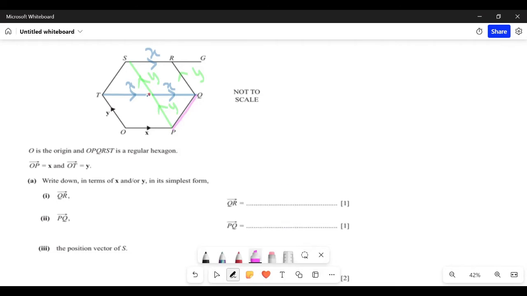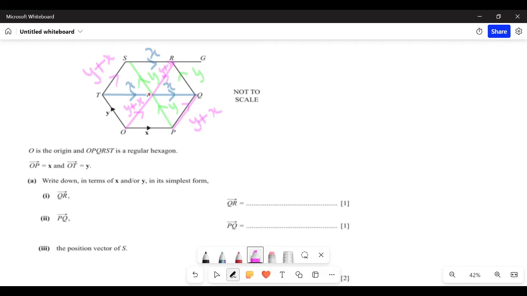This would be Y plus X. So that means this is also Y plus X because they're parallel and equal. This is also Y plus X, and this is also Y plus X.